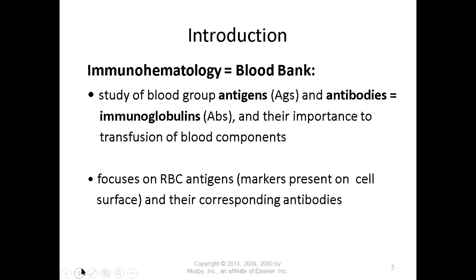So there will be a focus on red blood cell antigens, and red blood cell antigens are simply markers that are embedded in the cell membrane of the red cell and their corresponding antibodies. And there are over 30 different red blood cell antigen systems. And we will be focusing on the most important ones of those systems as we get through our course.